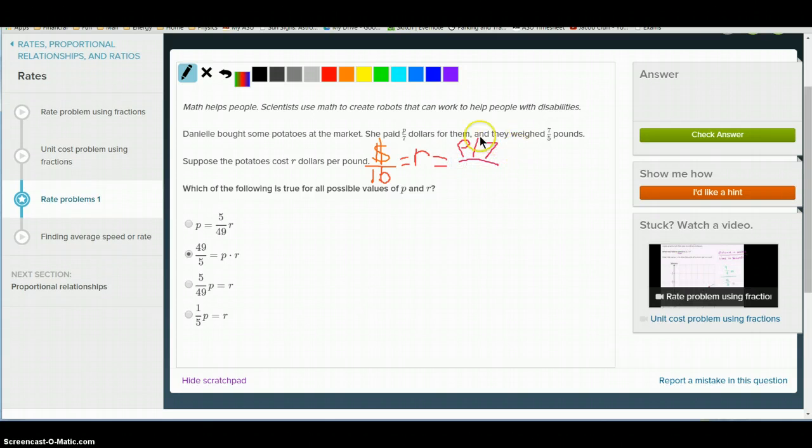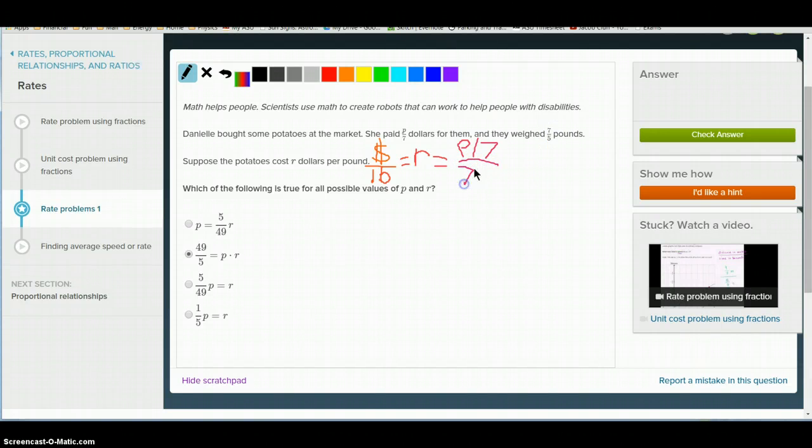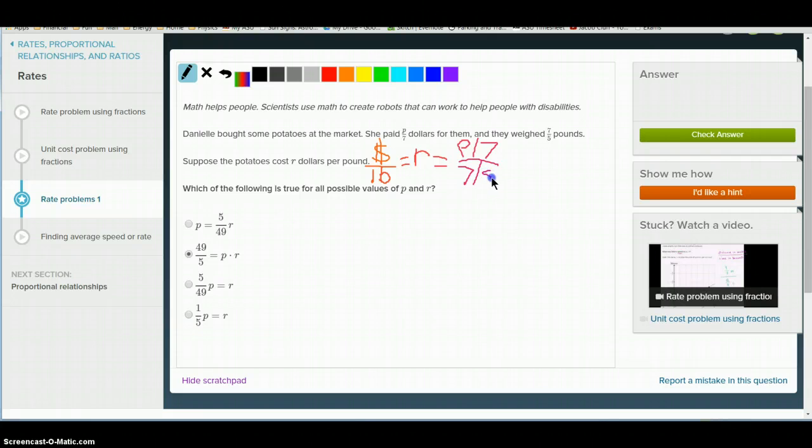The amount of potatoes she got for that was 7/5 pound. So 7 over 5 pounds.